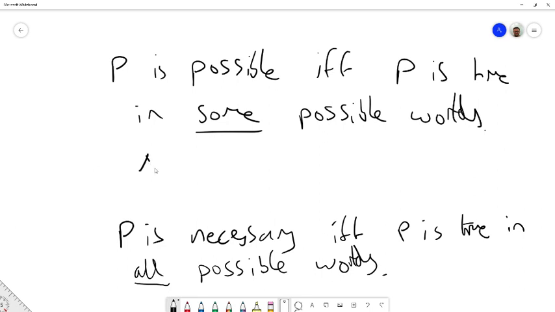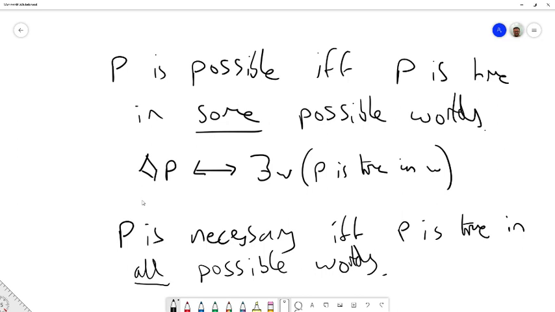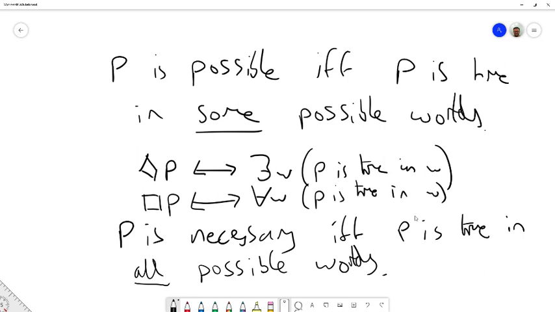So this is the idea. Possibly P, if and only if there is some world W such that P is true in W. Okay, and necessarily P, if and only if for all W, P is true in W.